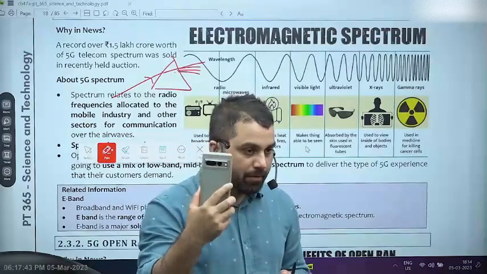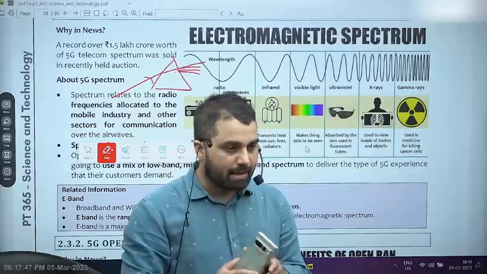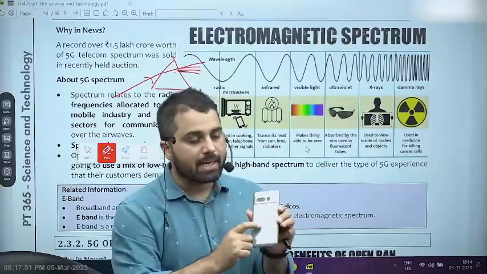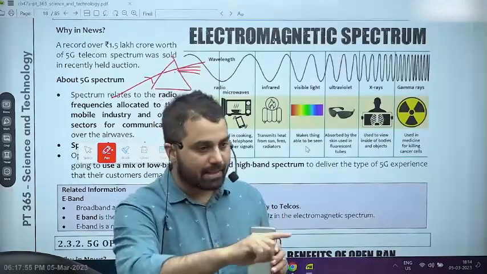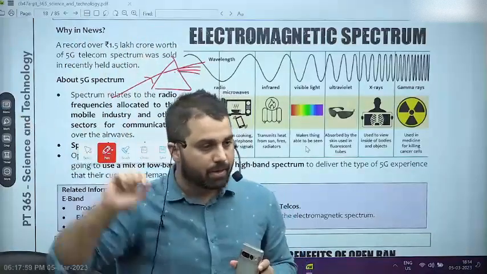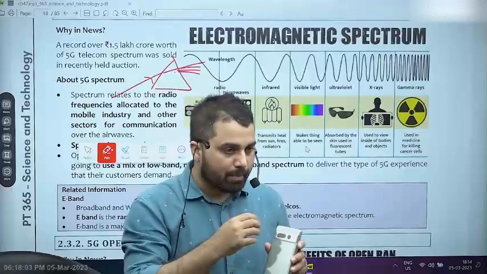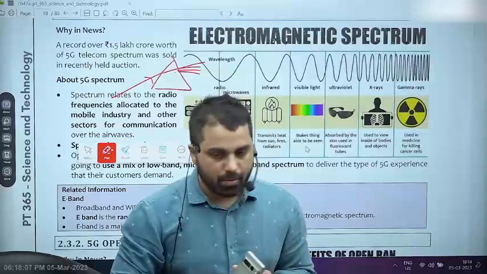This mobile phone is very much susceptible to electromagnetic interference. If there is electromagnetic interference, that will jeopardize the functioning of this mobile phone, very similar to how I discussed in the last class that solar flares can jeopardize the working of satellites, right? Because they are going to compromise the circuitry of the satellite, in this case the circuitry of the mobile phone.